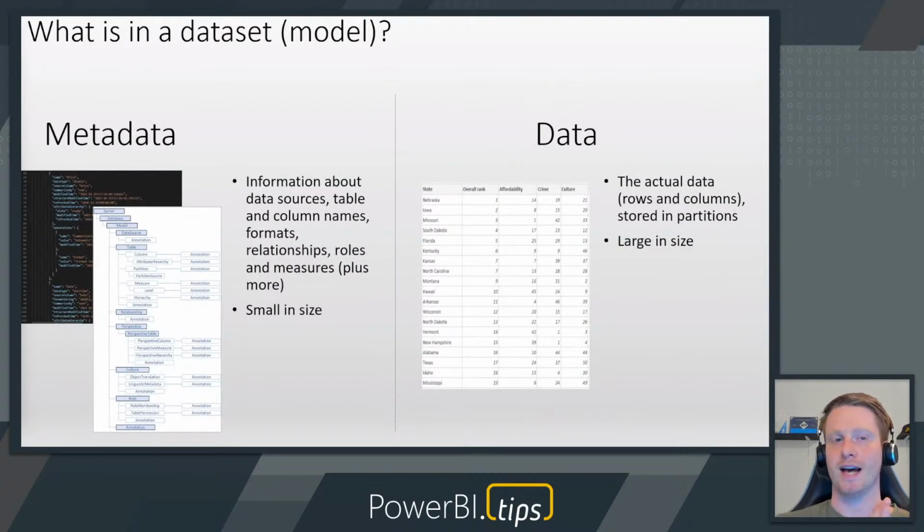So then when we think of a data set, and this is that brown symbol you see with the database and its model data set, there are two elements. The first is the metadata. We call this the TOM, the tabular object model. This stores all information about our columns and our relationships and our measures and things like that.